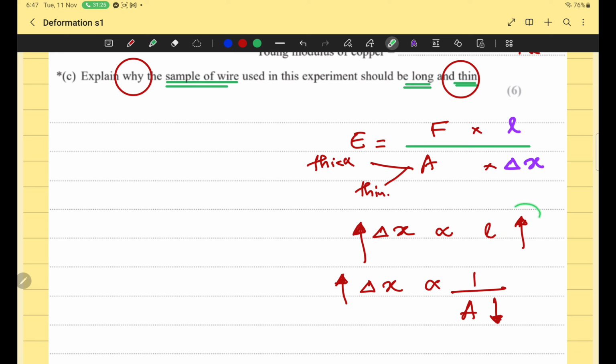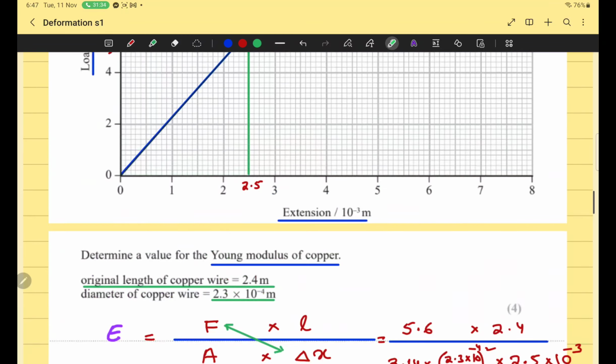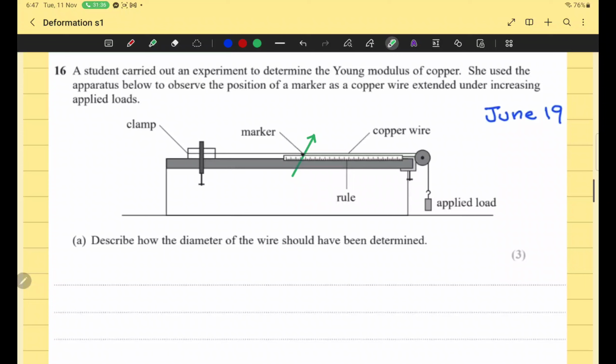So if the wire is long as well as thin, then at a small force, because we are hanging a load and this load is not 5 kg or 10 kg, it is hardly 40 gram, 60 gram, 70 gram. This mass is very small, and if the load is very small, then obviously extension is so small, it is very difficult to measure.